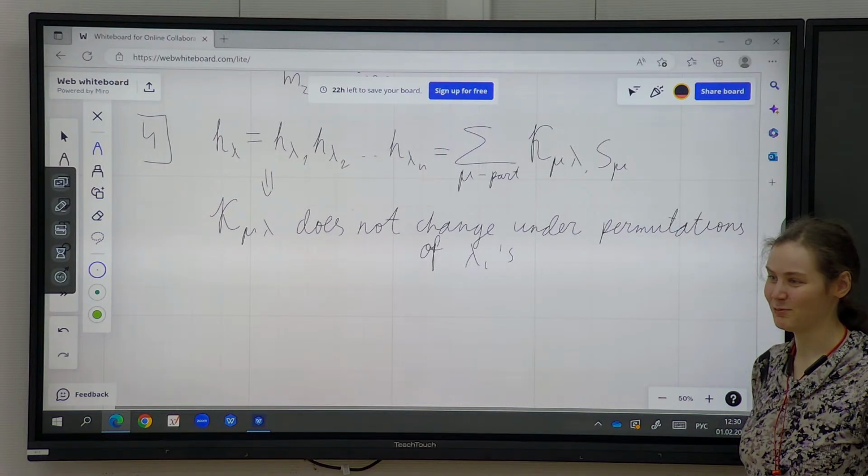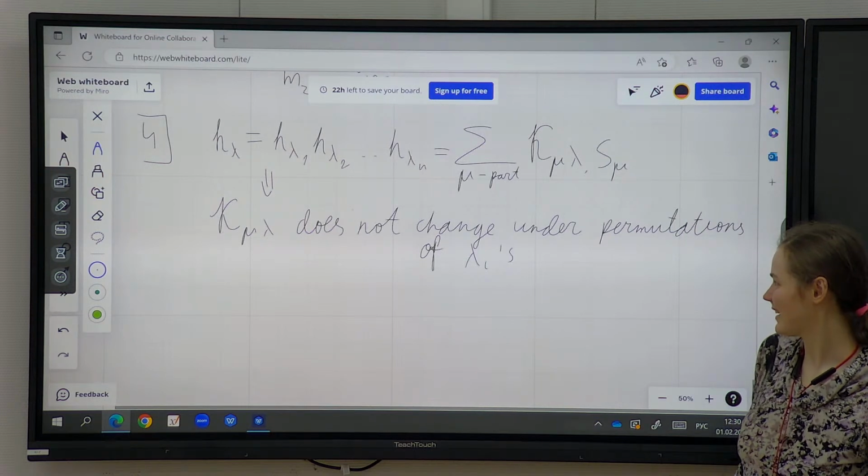And it will be another proof that Schur polynomials are symmetric.